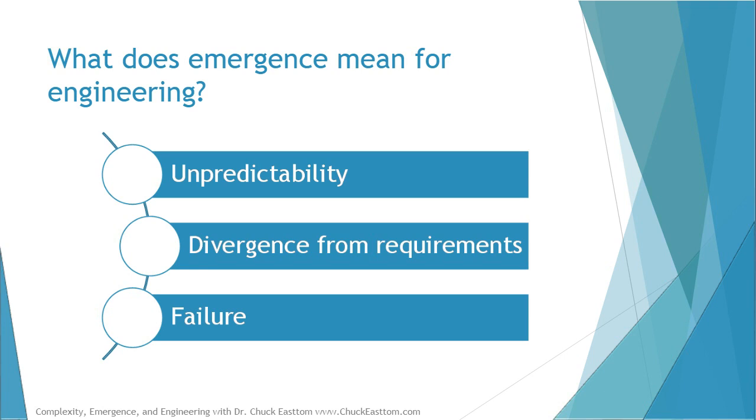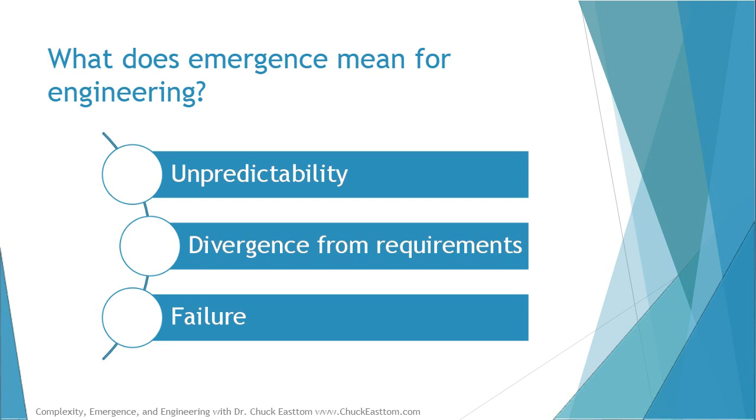I don't know about you, but I just flew in an airplane last night. I don't want any unpredictability in aerospace engineering. We had some hiccups in communication this morning, some sound issues. I don't like unpredictability. Divergence from requirements.